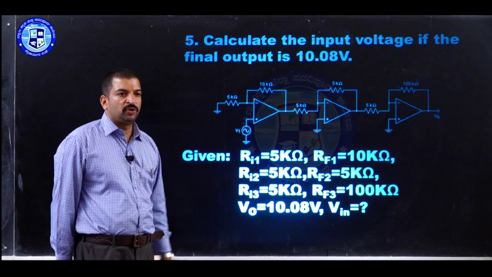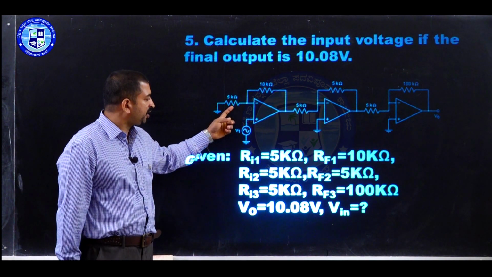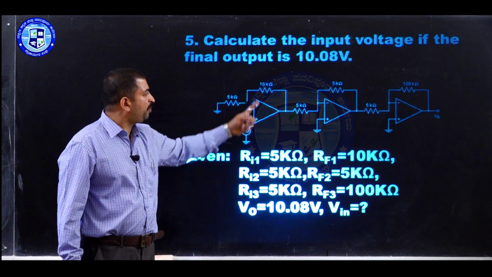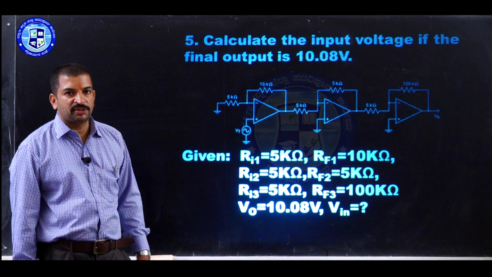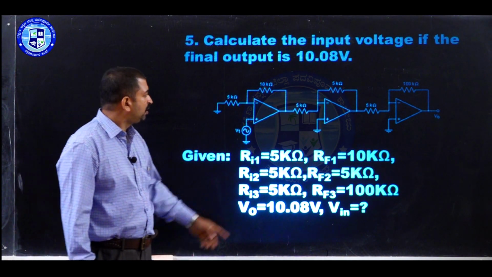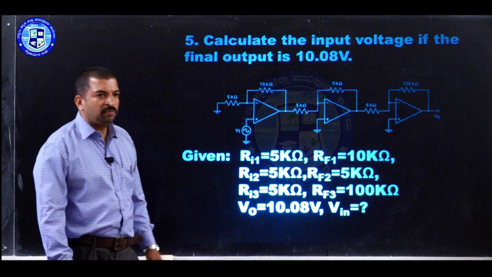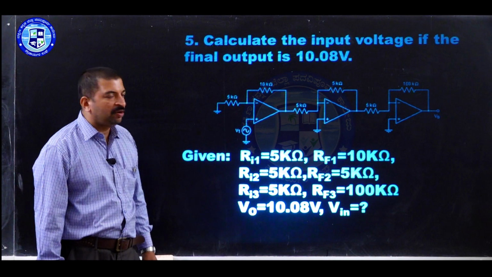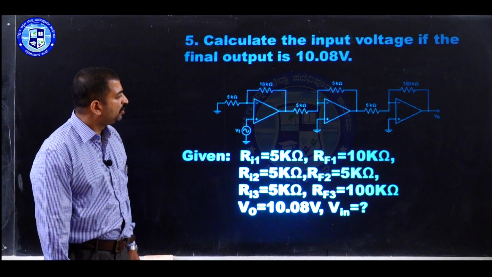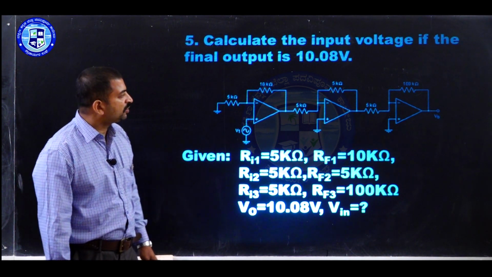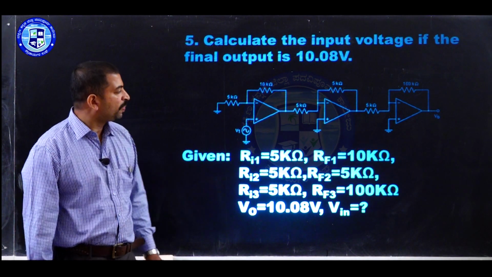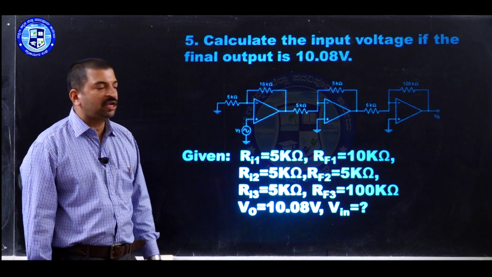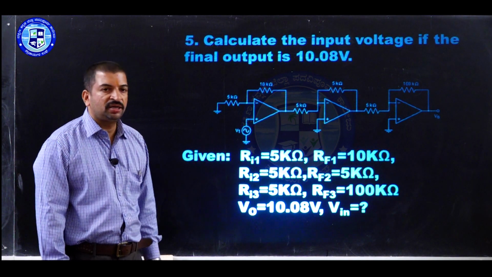For the first circuit, the input resistor is 5 kilo ohm. The feedback resistor is 10 kilo ohm. It is a non-inverting amplifier. For the second circuit, the input resistor is 5 kilo ohm and the feedback resistor is also 5 kilo ohm. The third circuit is inverting amplifier. The input resistor is 5 kilo ohm, the feedback resistor is 100 kilo ohm.